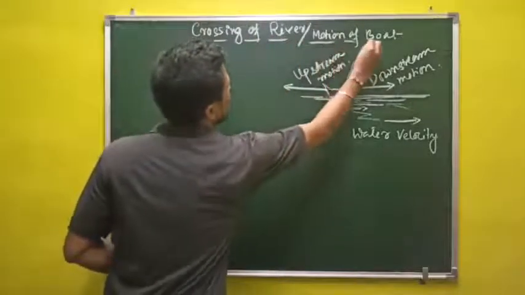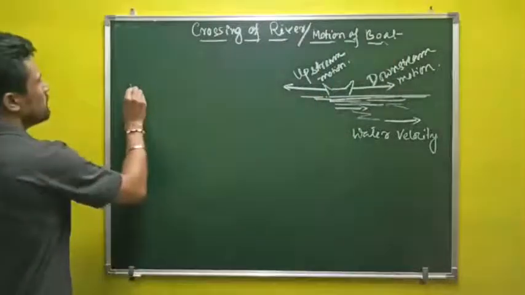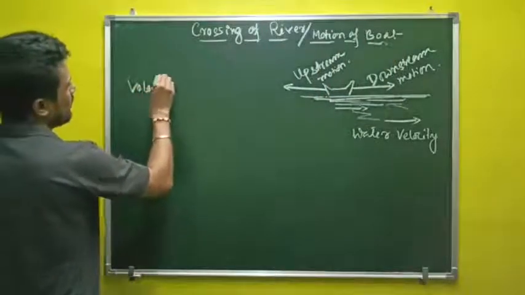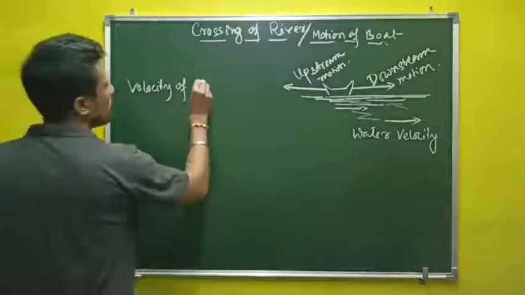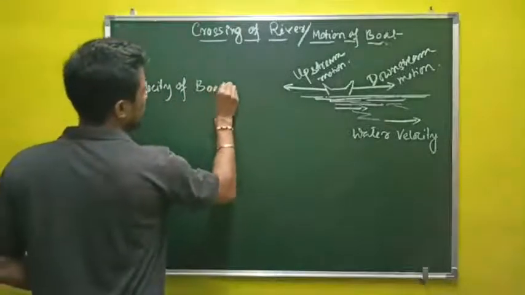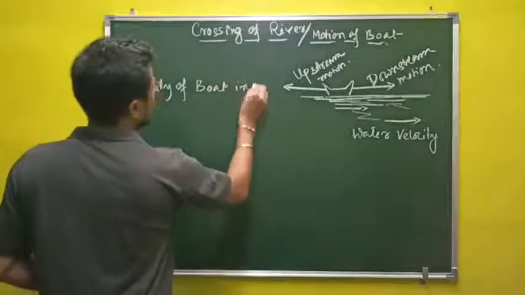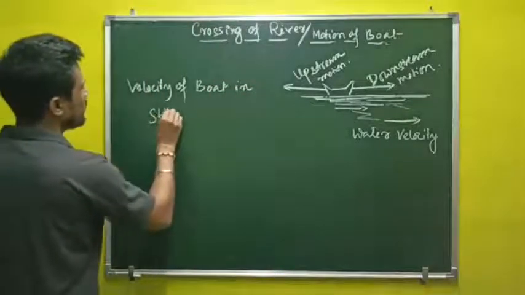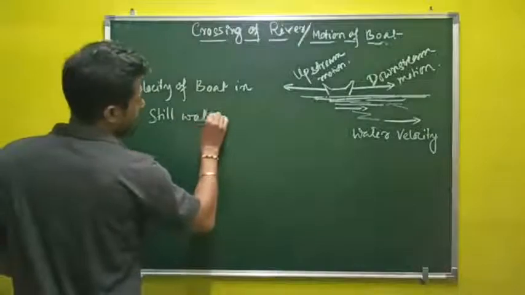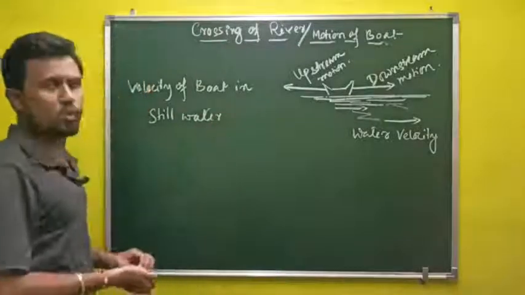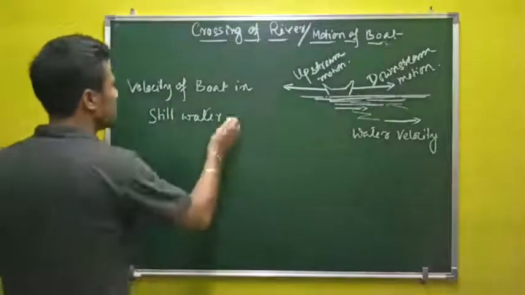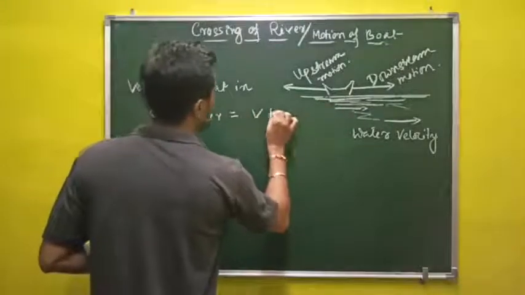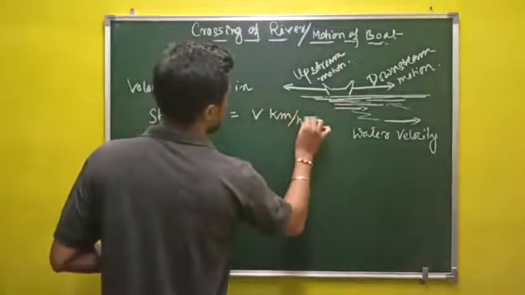Now you consider the velocity of the boat in still water. Still water means when there is no velocity in the water, the velocity of the boat is considered as v kilometer per hour, small v kilometer per hour.